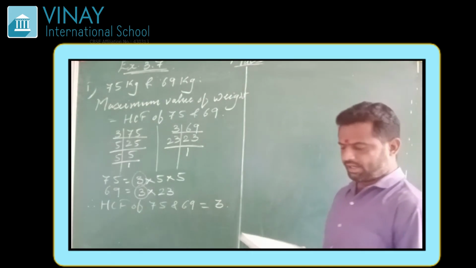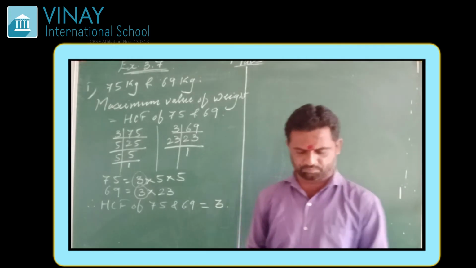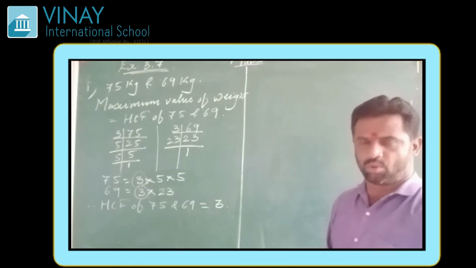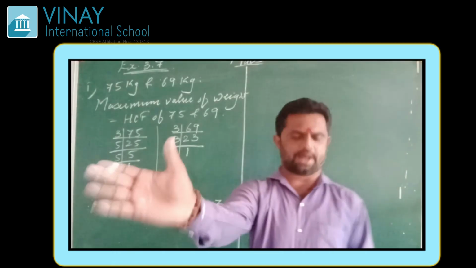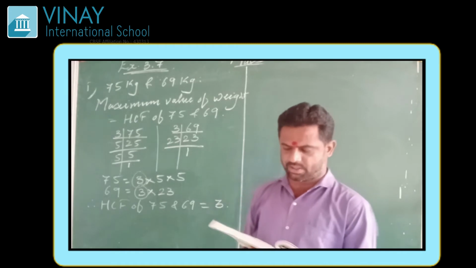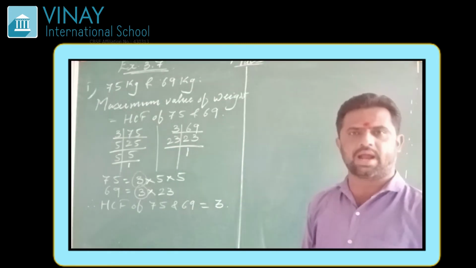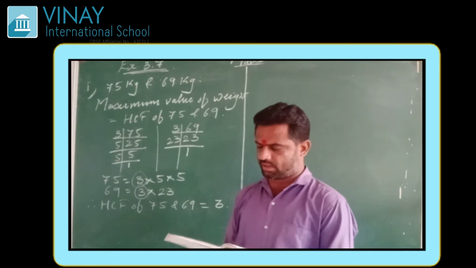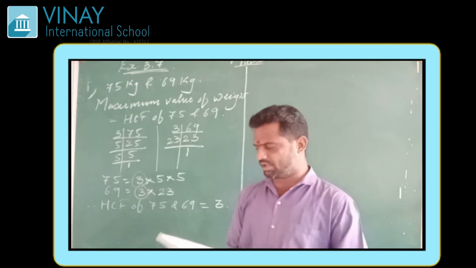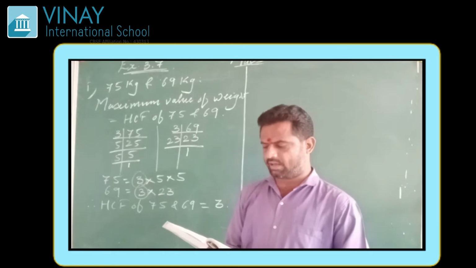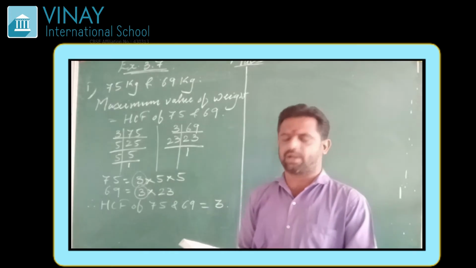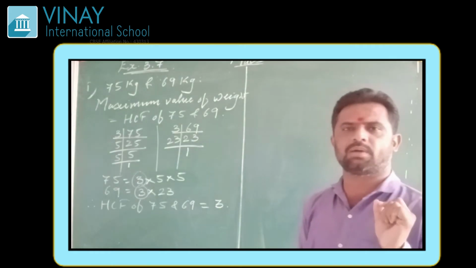Same way, let us see question number 2. 3 boys step off together from the same spot. Their strides measure 63 cm, 70 cm and 77 cm respectively. What is the minimum distance each should cover so that they can cover the distance in complete steps? Here we have to find out the minimum distance.